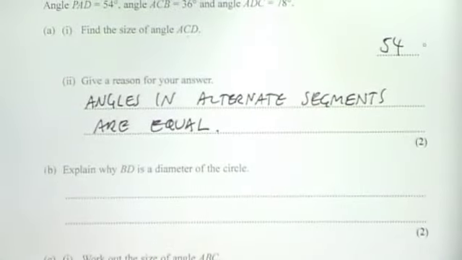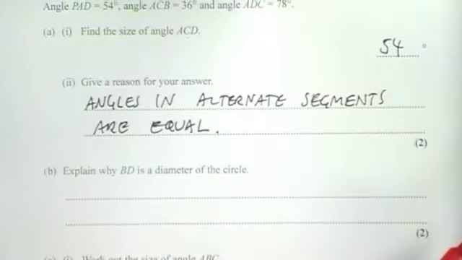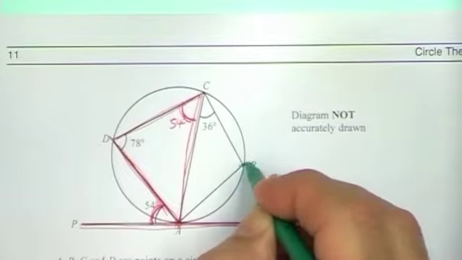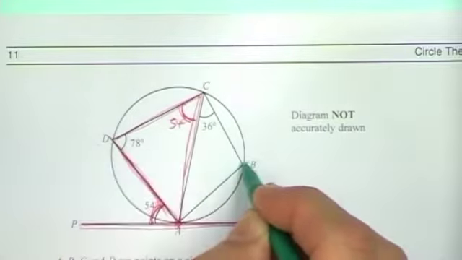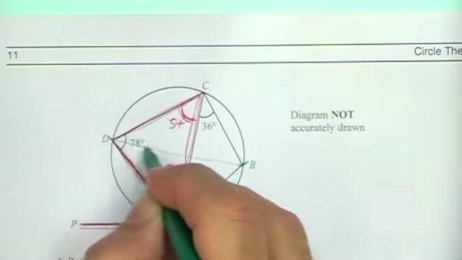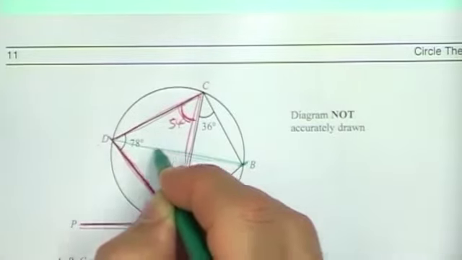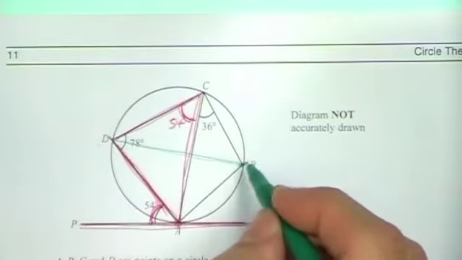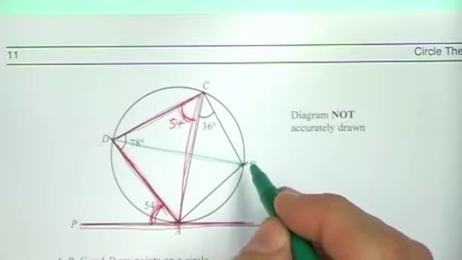Part B wants us to explain why BD is a diameter of the circle. Well, if BD is a diameter, then the angle formed from that diameter will be 90 degrees. So let's have a look. BD, that's from B across to D. So they're saying, why is that a diameter? Well, it means that any angle from B to the circumference and back will be 90 degrees, if it is a diameter.